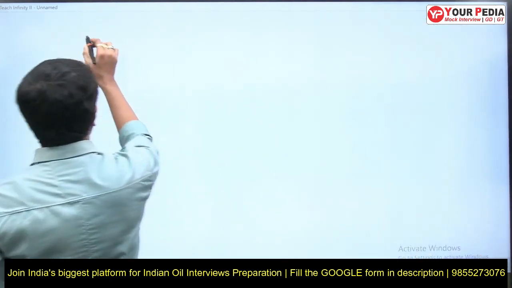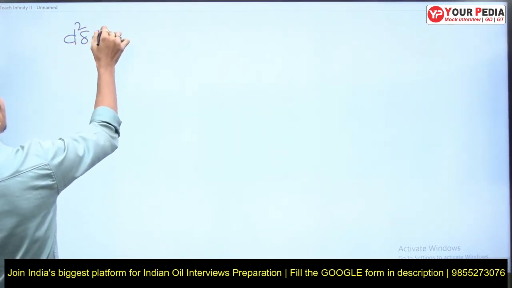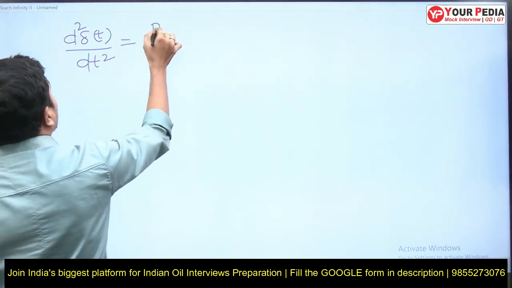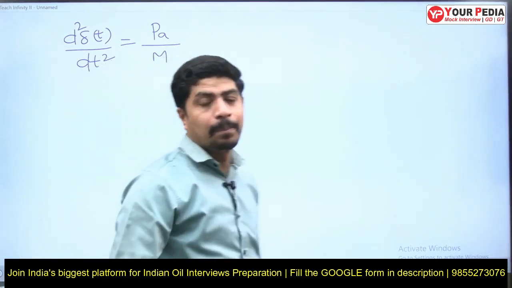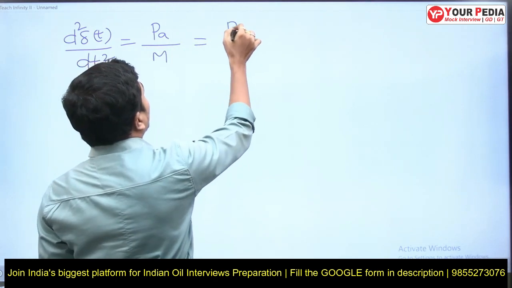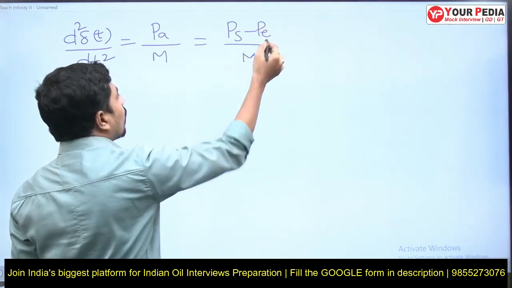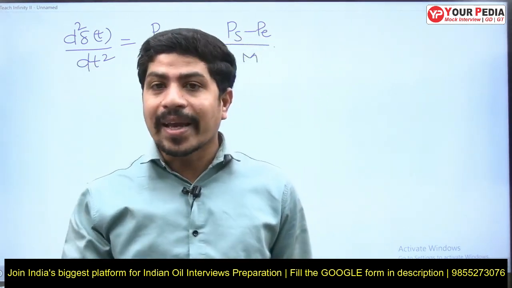So d square delta of t by dt square is equal to Pa by M, that is, Ps minus Pe by M. And d square delta by dt square is the rotor angular acceleration.